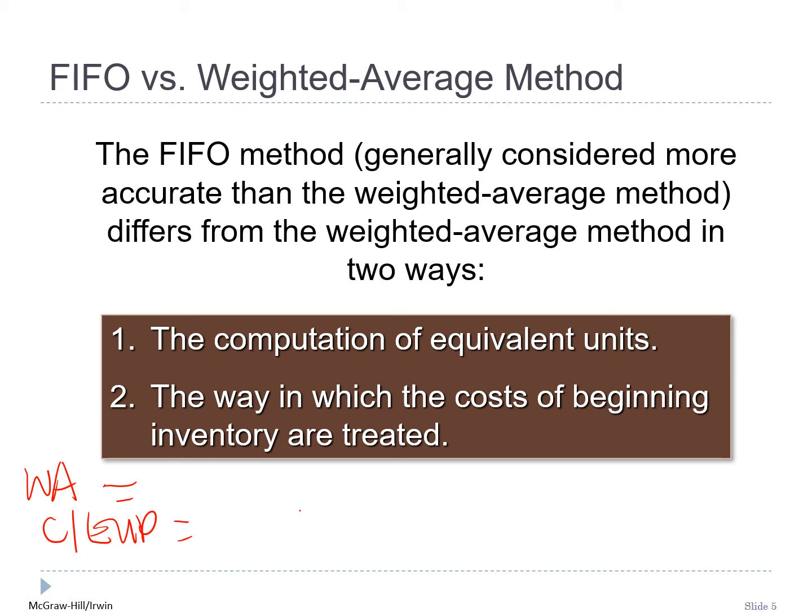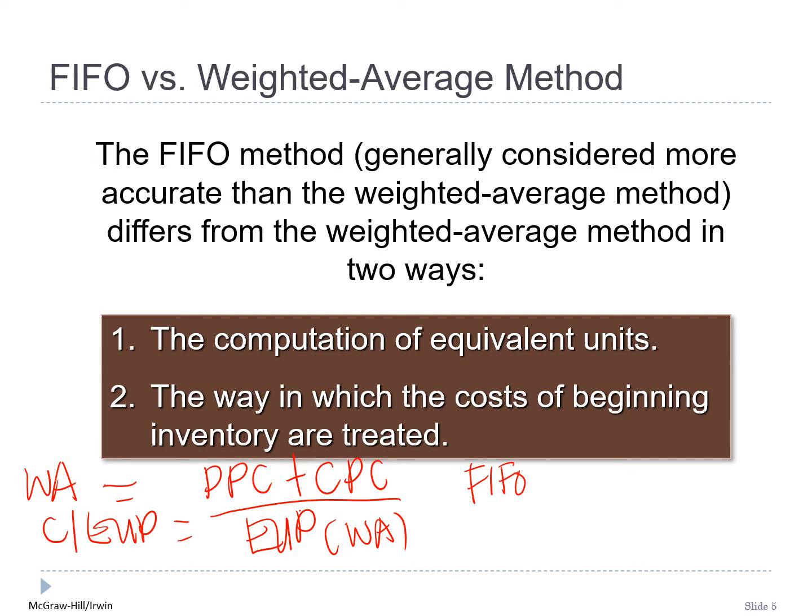The cost of beginning inventory or prior period cost is added to the current period cost, then divided by the EUP computed the weighted average way. But when it comes to FIFO, first in, first out method, the prior period cost is only the cost of the beginning inventory. So in effect, to compute the cost per EUP under FIFO, as I said earlier, your accounting for the beginning inventory is separate.